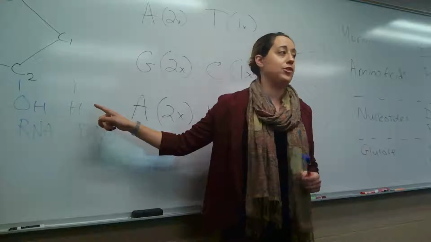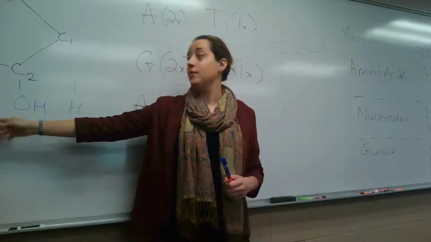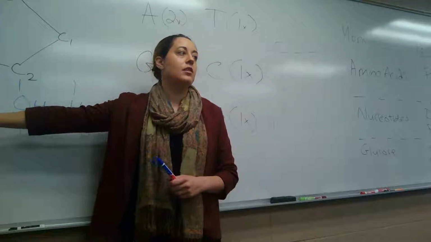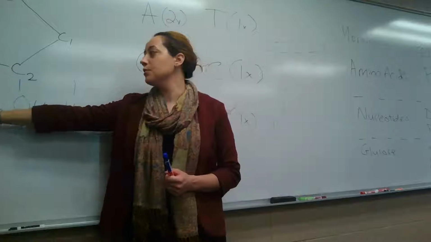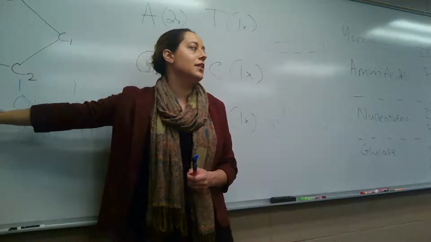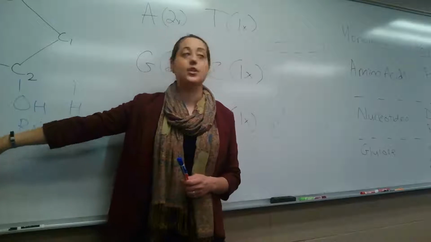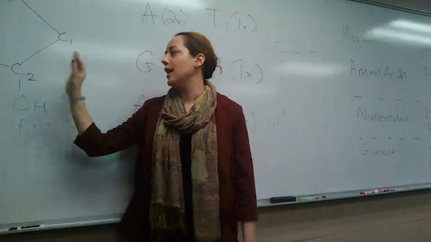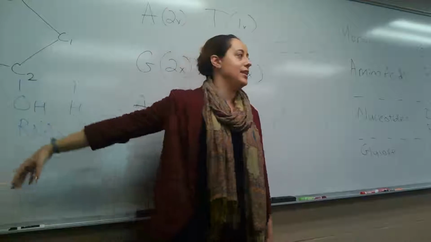On DNA, we just have the hydrogen. But on the 3' carbon, you always have a hydroxyl, RNA or DNA. And this is crucial, this hydroxyl. If you don't have this hydroxyl, then you can't add anything onto this. So if you had a nucleotide that's missing this hydroxyl, then that would end the DNA strand.